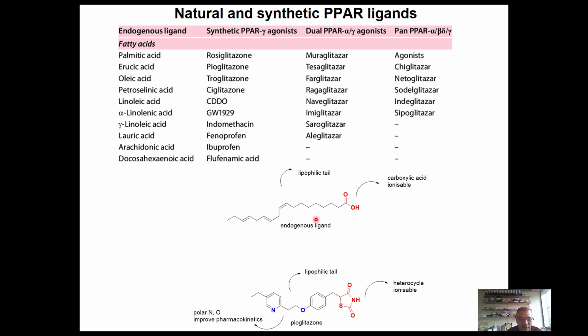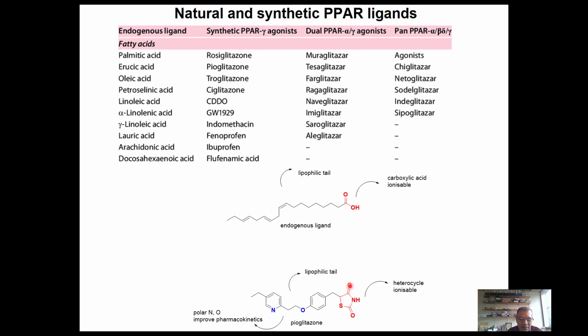And in the case of the endogenous ligands, if you look at a typical fatty acid, you have this one functional group, which is the carboxylic acid, which will be deprotonated at physiological pH. And then we have a long tail, which is very lipophilic. And in the drugs, the carboxylic acid is simulated by a different functional group, usually this thiazolidinedione.